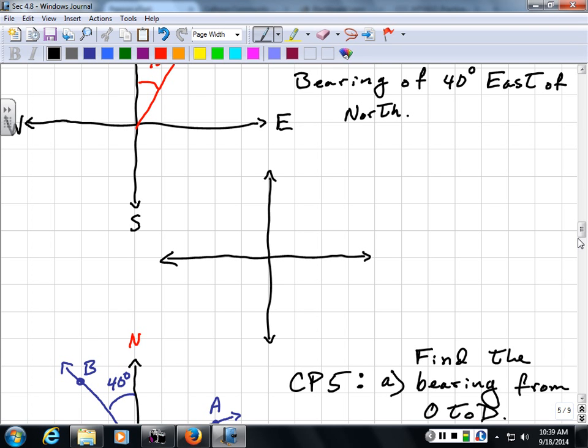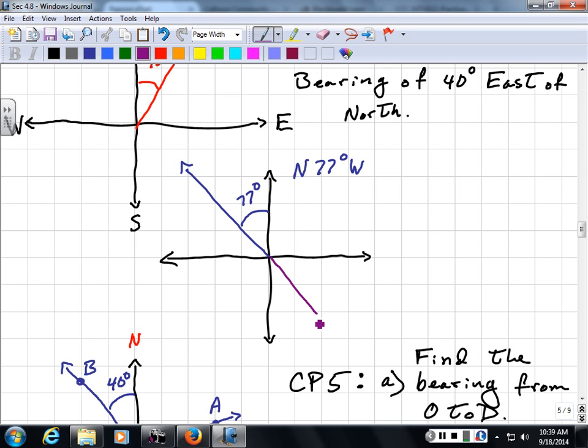But anyways, let's look at this one. I want you guys to tell me what this is going to be defined as. How would you write that down? Everybody write it down on your paper. Yep. North 77 degrees west. What about this one? Yeah, that's not accurate.